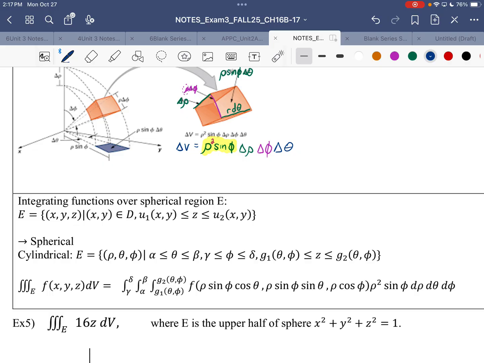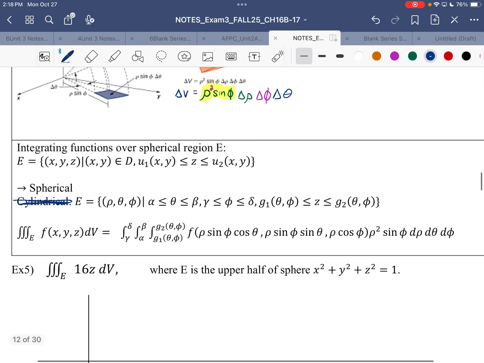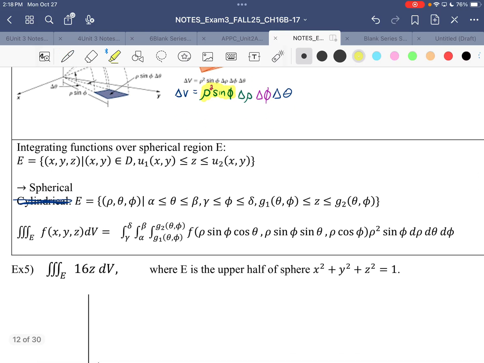So, anywhoozles, I have cylindrical here, bad copy paste job by me. In spherical, everywhere it's rho, theta, phi. Just the things to pay attention to: make sure when you change x's and y's, x is rho sine phi cosine theta.